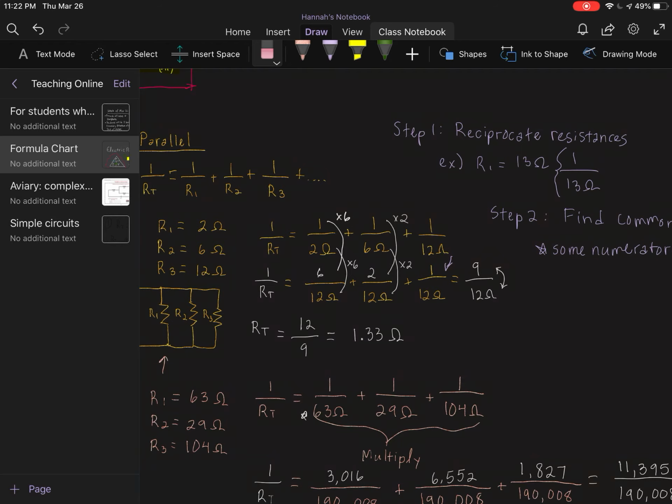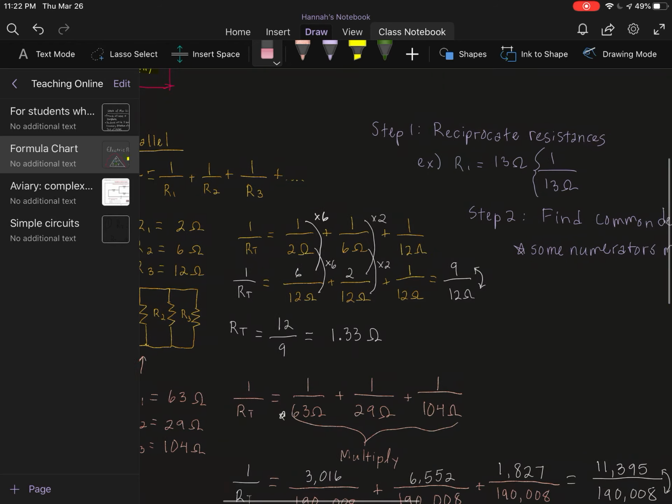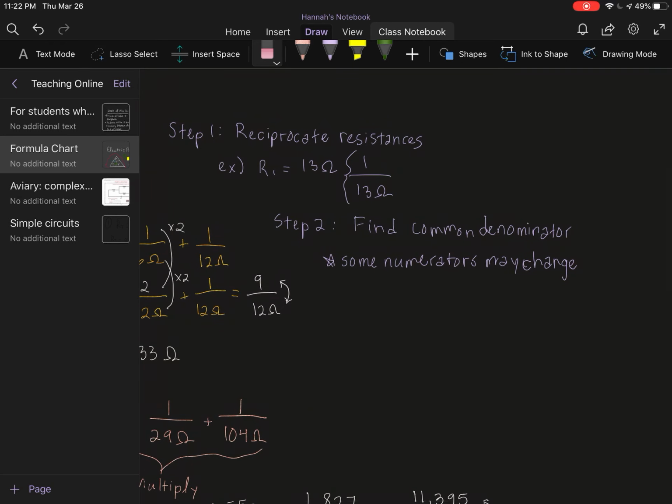Sorry, those kind of ugly arrows. But not all of your numbers will change. It depends on if your denominator had to change. Okay. Step 3, you add your numerators.